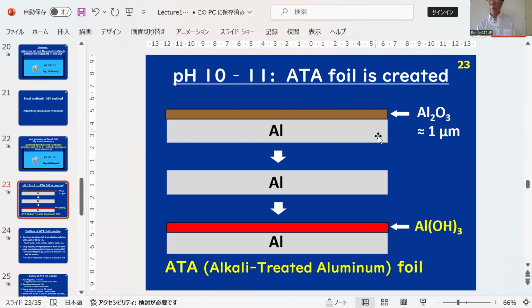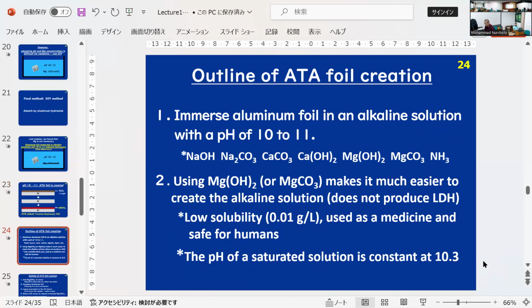In aluminum foil, the oxide dissolves, and metallic aluminum reacts with OH to form an Al(OH)3 coating. This is ATA foil, alkali-treated aluminum foil.